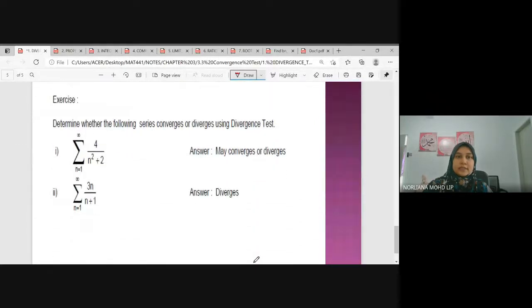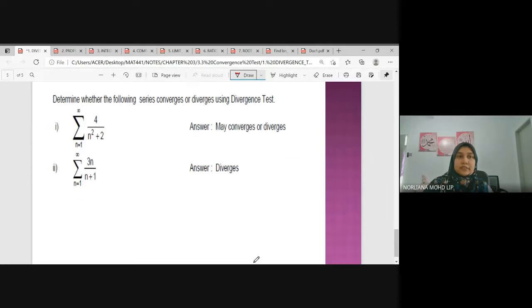Okay, exercise. Okay, saya tunjuk lagi satu lah ni untuk yang ni. Yang ni you all try sendiri. Okay, using divergent test this series. So first step, okay, we use limit n approach infinity of this function 4/n square plus 2.